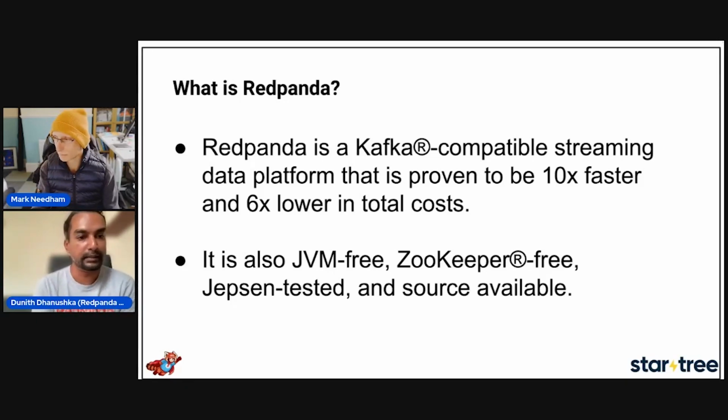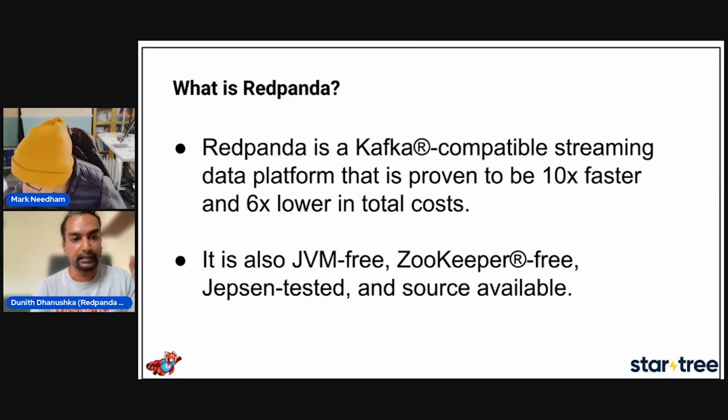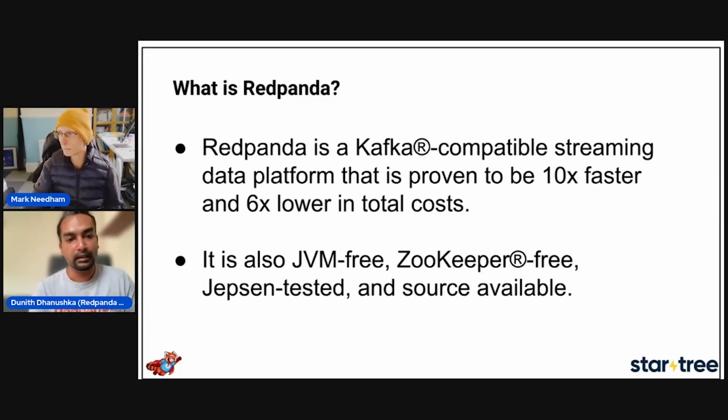Then Mark mentioned how these components fit together, that means Redpanda and Pinot. In a typical data pipeline, Redpanda stands first. It accepts events coming from different sources like event trackers, change data capture, and SDK clients, and everything eventually lands on Redpanda in real time.